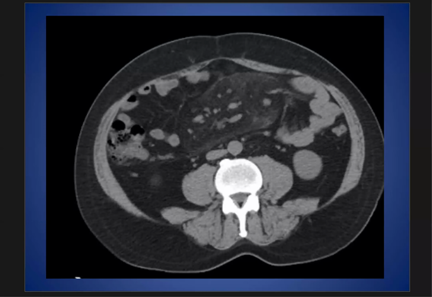more than specific abdominal pain, and can also be asymptomatic.